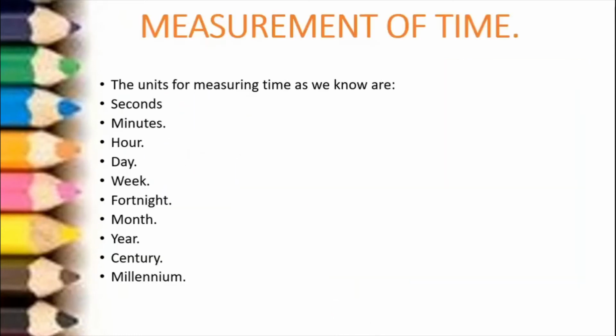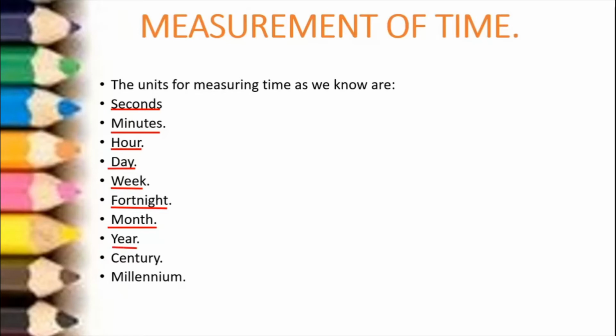Alright, and now let's see the other measurements of time. So just now we talked about seconds up to year. Let's go a little bit further here, but we will still start with seconds. So you have seconds, minutes, hour, day, week, fortnight. 2 weeks together is 1 fortnight. Then you have month and you have year.